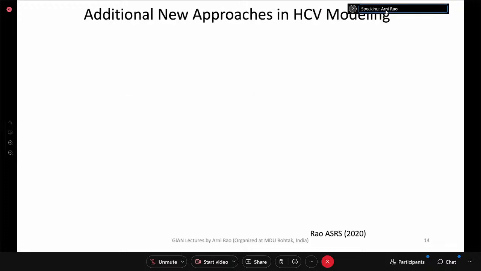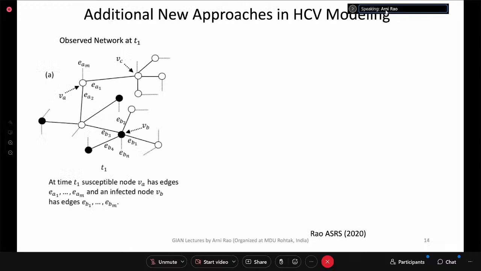Let us see that. Suppose this is an observed network in a population, and at time T1 node VA is susceptible. This VA node has edges E1, EA1, EA2, EAM.